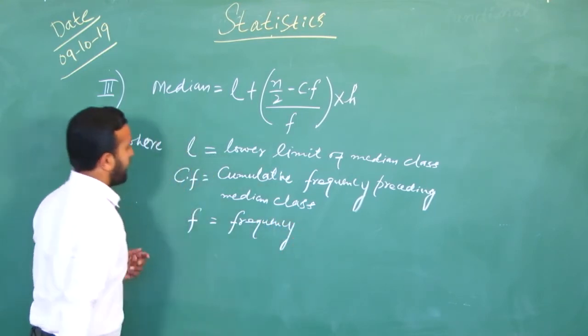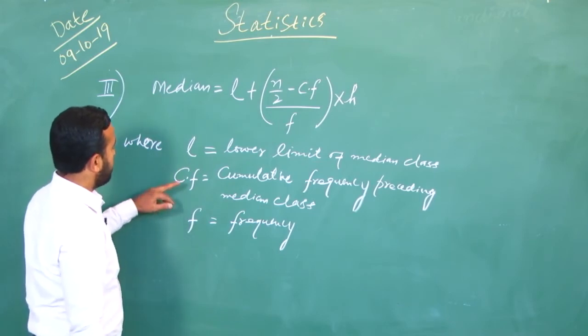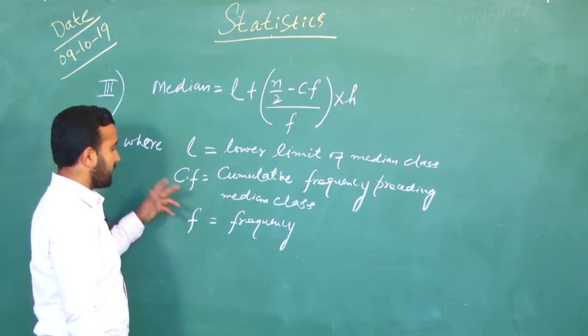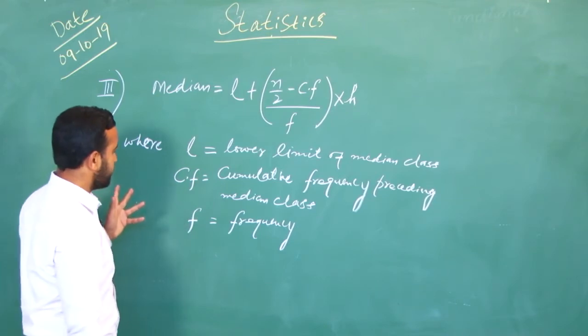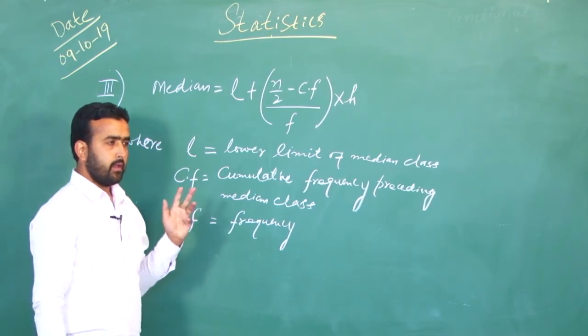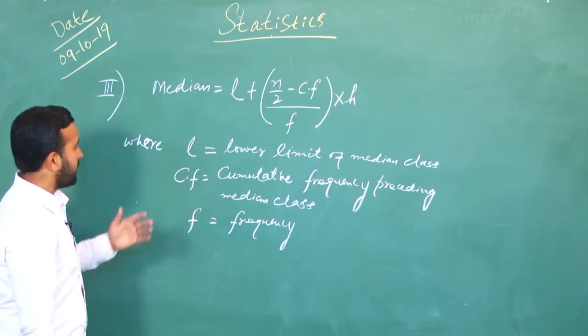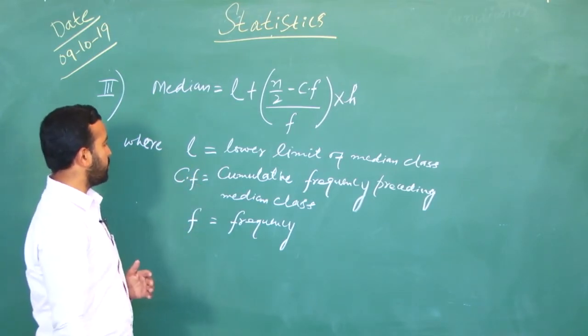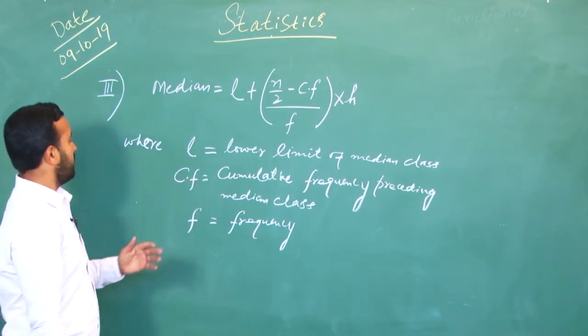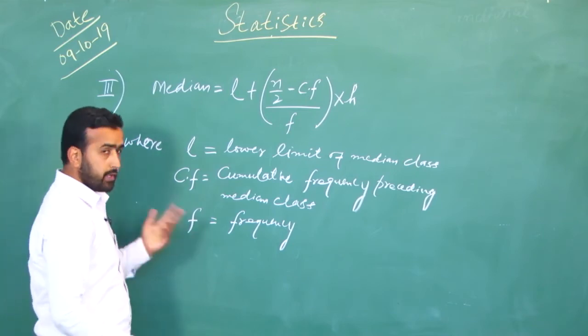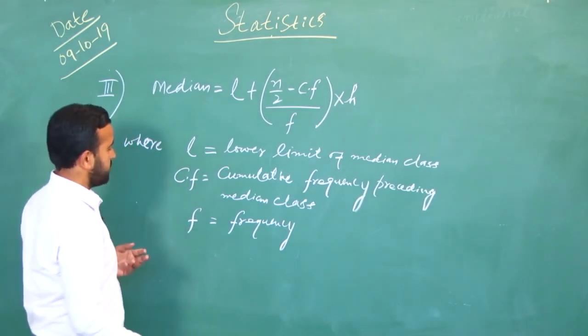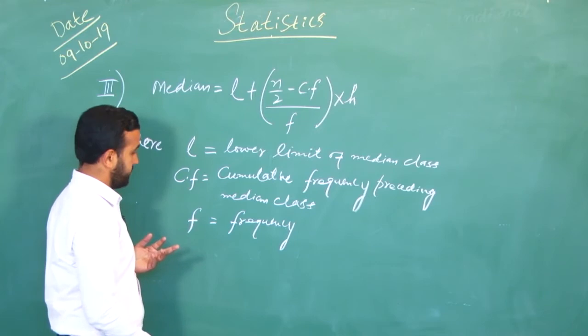We must remember that cumulative frequency and frequency are two different parameters. Cumulative frequency is the sum total of the frequencies taken for every group in the table, and F is the frequency of that particular class, which is the median class in the given grouped frequency distribution.